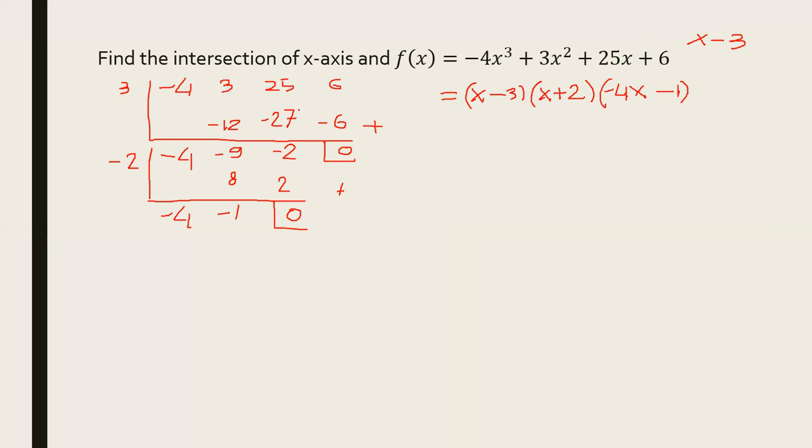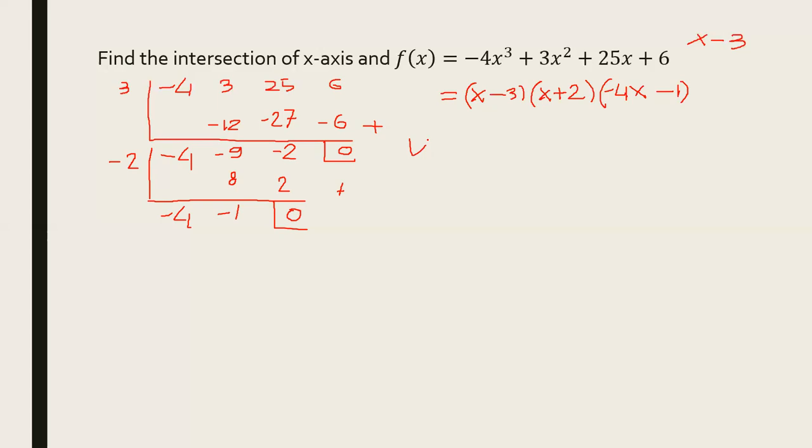Intersections with the x-axis we could find with the assumption that y equals 0, right? If y equals 0, we're going to find the intersection with the x-axis. So if y equals 0, recall that this function we could write down as y equals negative 4x cubed plus 3x squared plus 25x plus 6.